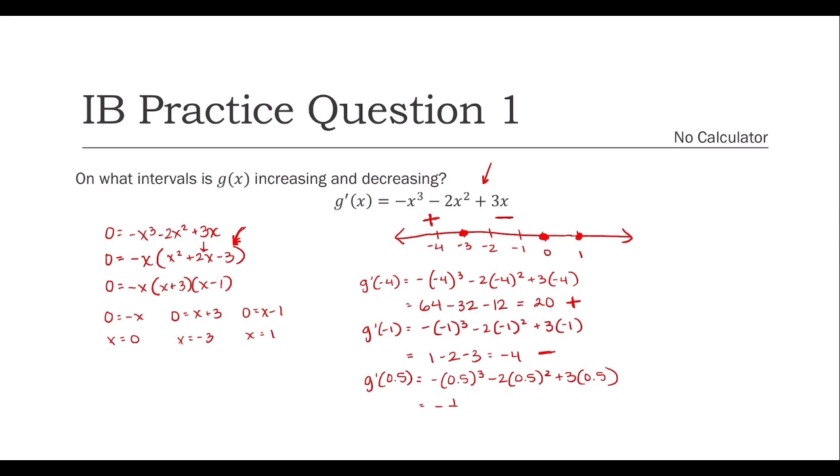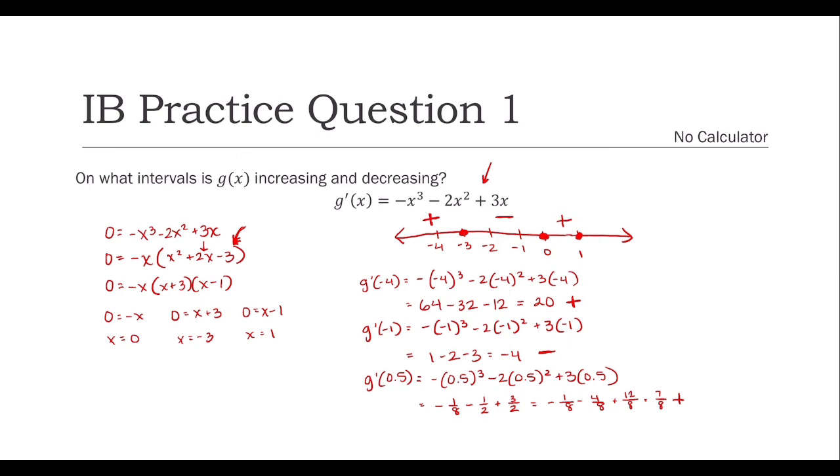So we have negative 1/8 minus 2 times 1/2 squared, so 2 times a fourth, which is 1/2, plus 3 times 1/2, which is 3/2. So if we get a common denominator, we'll have negative 1/8 minus 4/8 plus 12/8. So that equals 7/8. And that's positive, so it's increasing from 0 to 1.